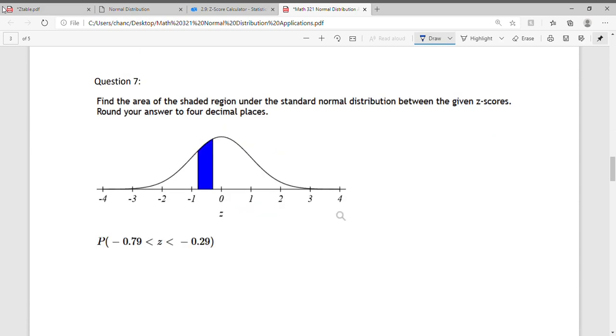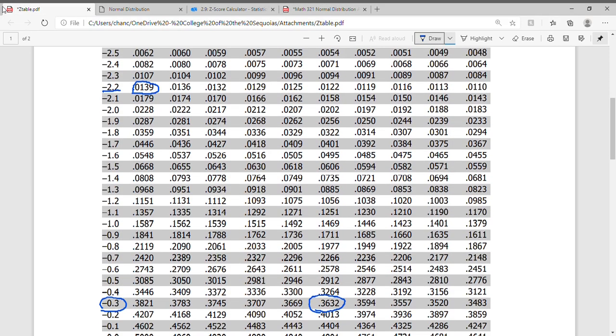For question number 7, let's find the area of the shaded region under the standard normal distribution between the given z-scores. Round your answers to 4 decimal places. For the first part, I want to find the area to the left of z being equal to negative 0.79. So let's look at our z-table for negative 0.79. For the row, we're going to look at negative 0.7.